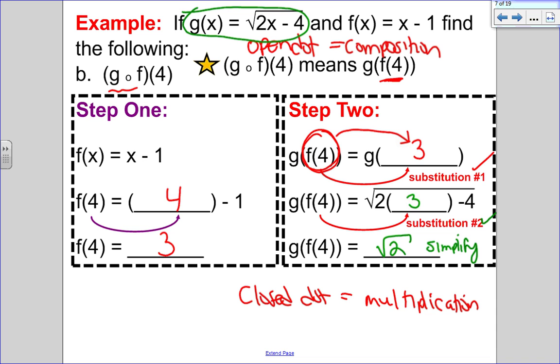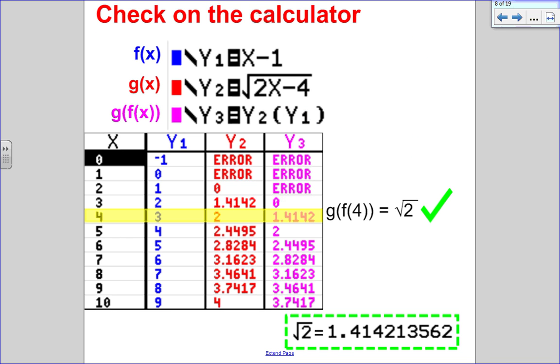And again, let's check those on the calculator. You can see I still have f of x and g of x, but notice in this step I do g of f of x, which is why I do y2 first. I'm looking at g of f of x, where f of x is actually an x value of 4, so g of f of 4. That's why in my table I'm looking when x is 4.